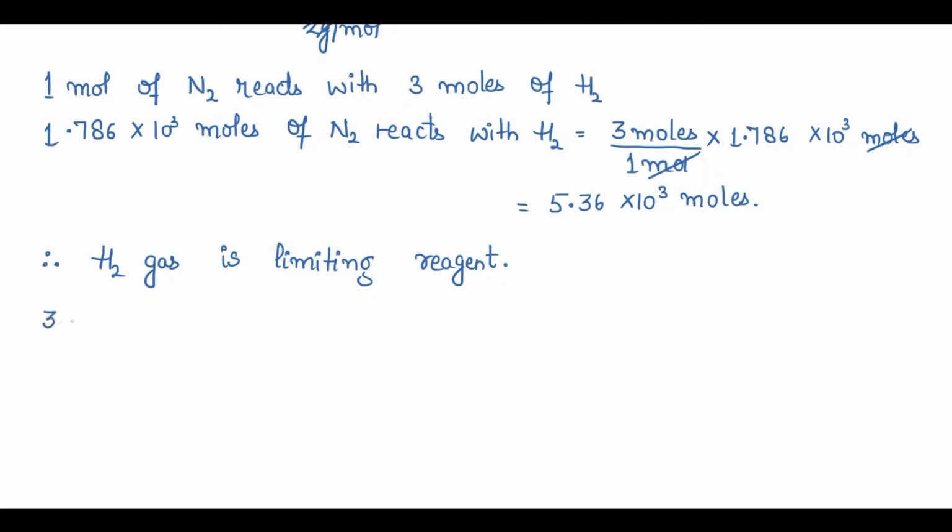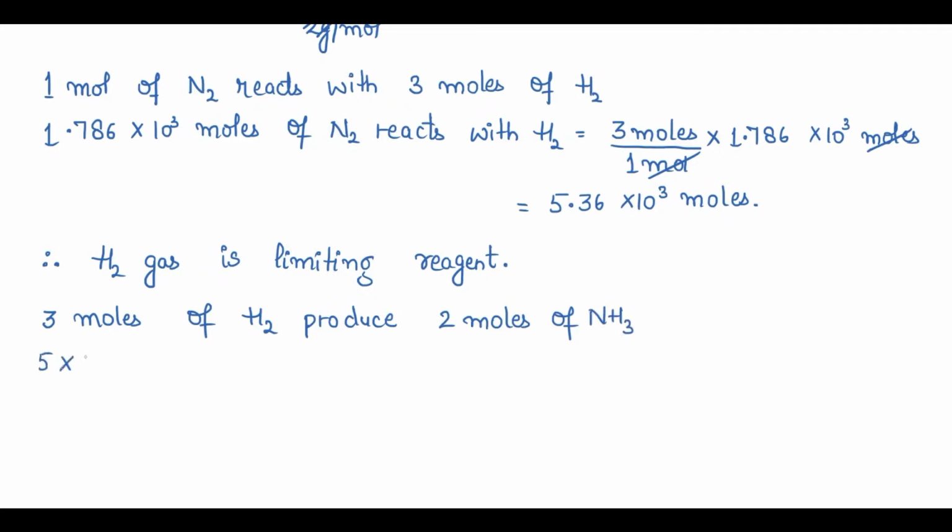So I know that 3 moles of hydrogen produce 2 moles of ammonia, right?